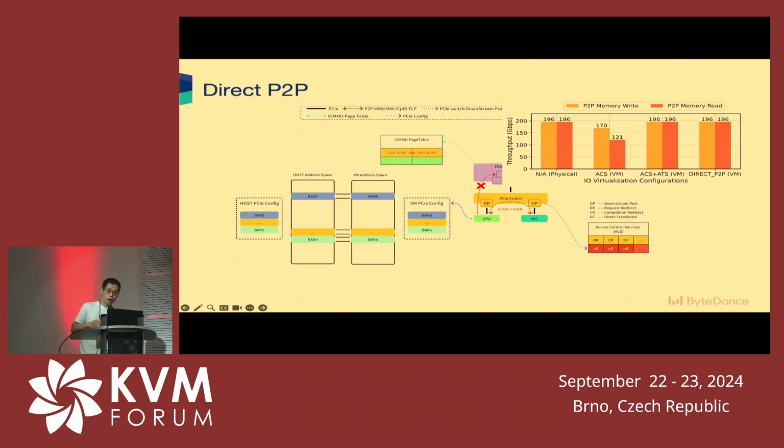So we must check this situation: if the GPA is not equal to the HPA, we should do something, such as pause the VM, to ensure that the GPA must equal the HPA.